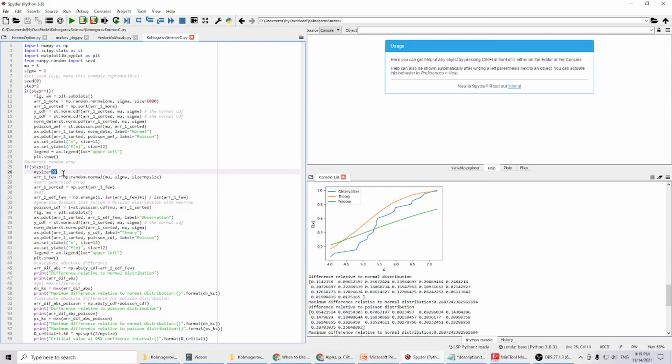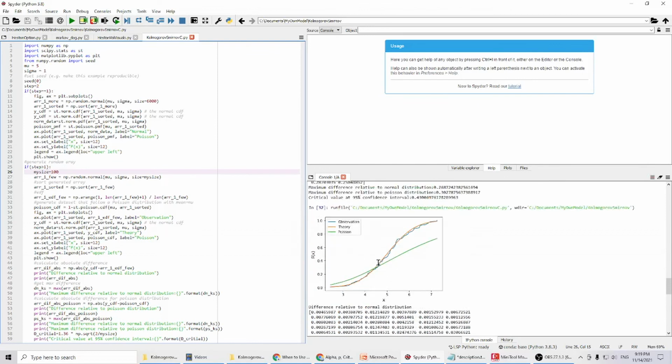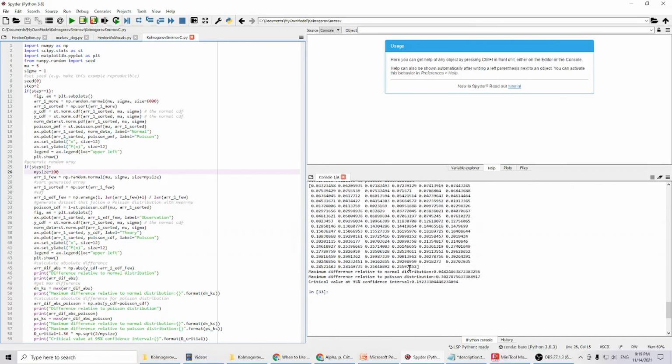If we have 100 data points, we rerun the program. You see now it shows a graph very similar to when we had 200 data points. And if you check the maximum difference relative to the normal distribution, it is 0.048. And the maximum difference relative to the Poisson distribution is 0.30.